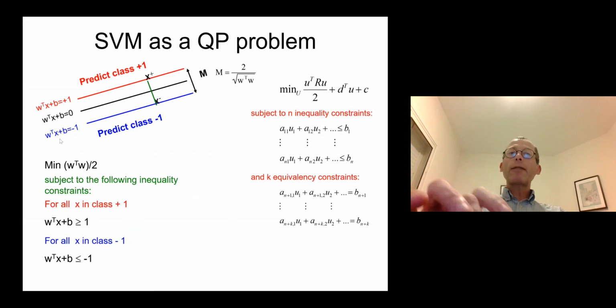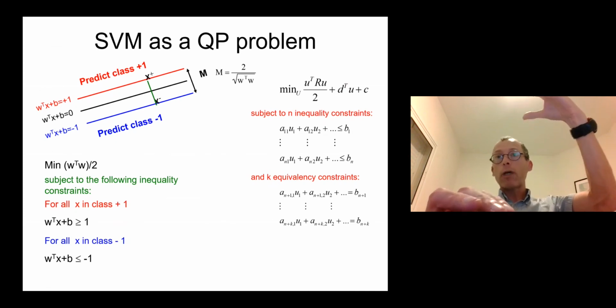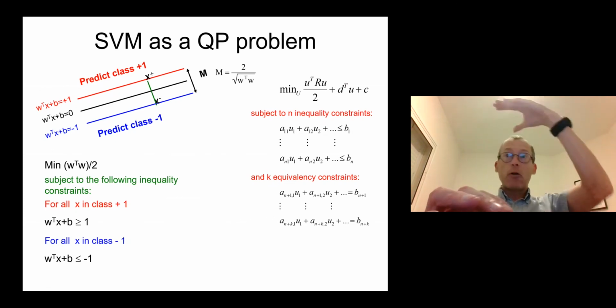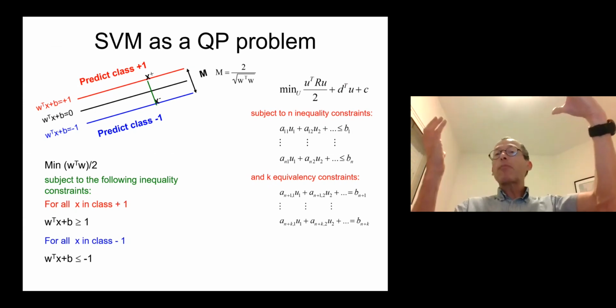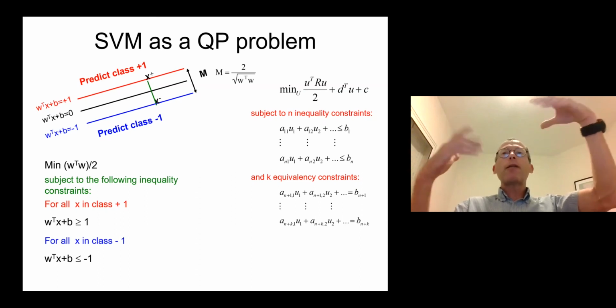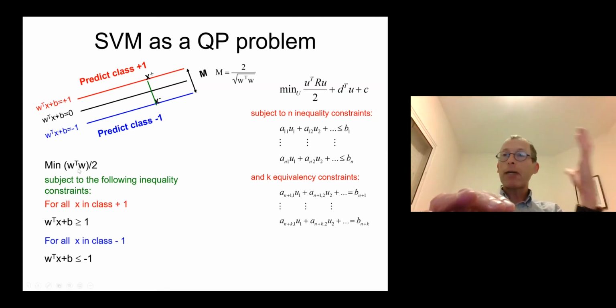Quadratic programming tries to minimize WTW over 2. Originally we maximized the margin, which was 1 over the square root. It's equivalent to minimizing the denominator, which is the square root, and because this is positive, it's equivalent to just minimizing WTW. So we get the same solution, just easier to write down.